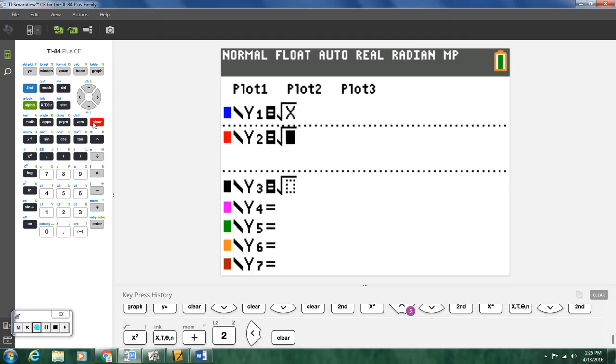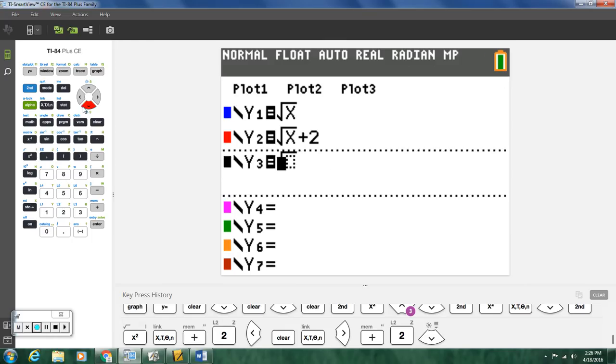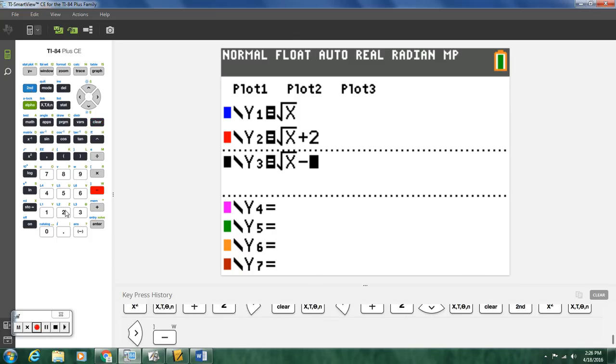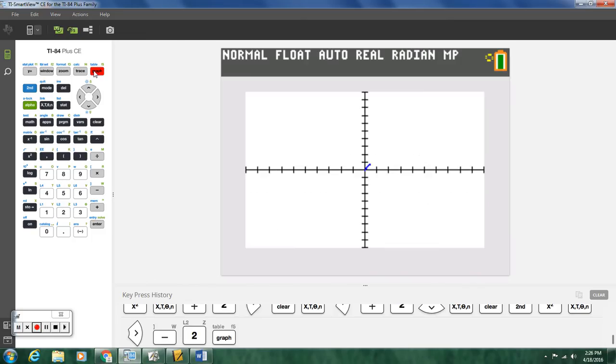So if I come back, I'm gonna put the square root of x, and then I'm gonna use my right arrow to get out of that square root. It's a huge difference. So now that's plus 2. We do the same thing with the bottom one on minus 2. You got the square root of x plus 2 and square root of x minus 2. And then hit graph, and you'll see that it'll move it up and then down 2. And the general sketch, and you're good with that one.